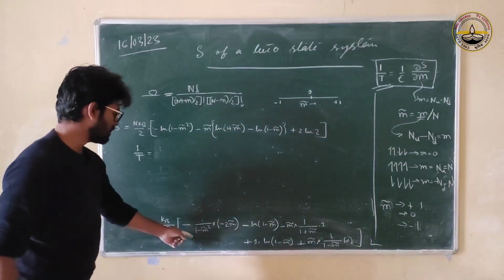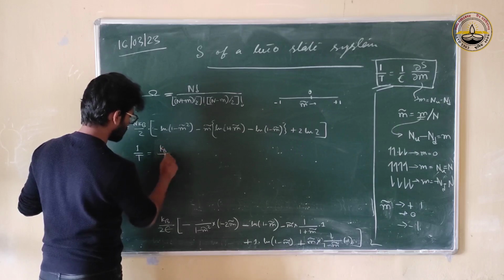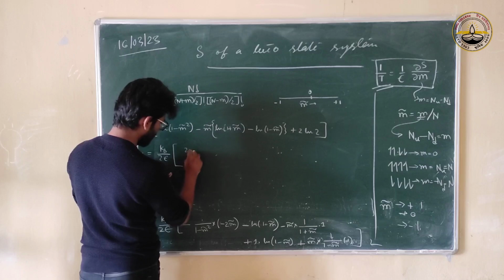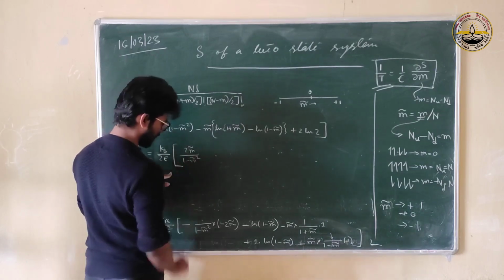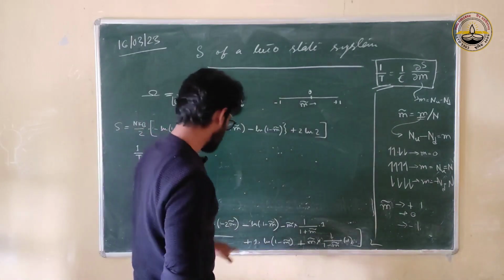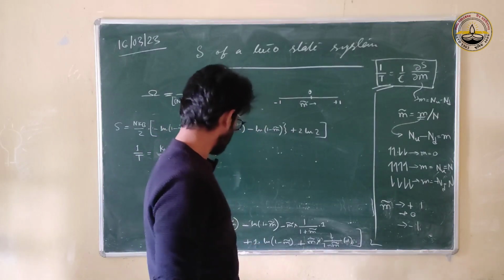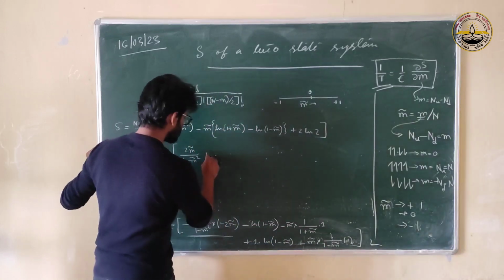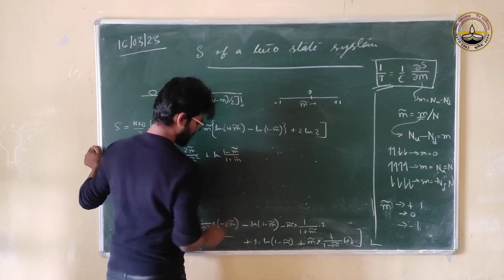So let me write it down. Let me take everything here, simply minus minus plus. So Kb by 2 epsilon, minus minus plus, so 2m tilde over 1 minus m tilde square. We have this and we have this. So this minus this is the log of this divided by this, so log of 1 minus m tilde divided by 1 plus m tilde.